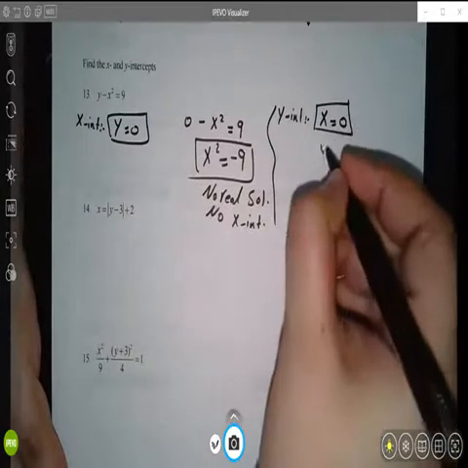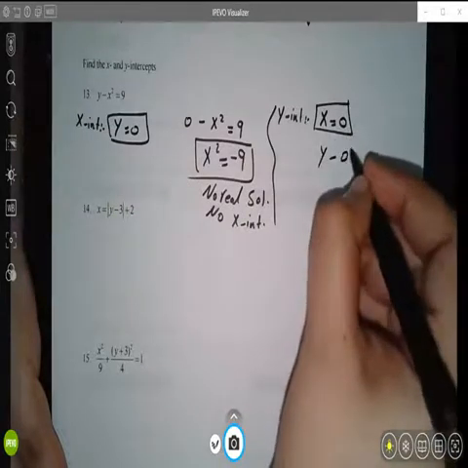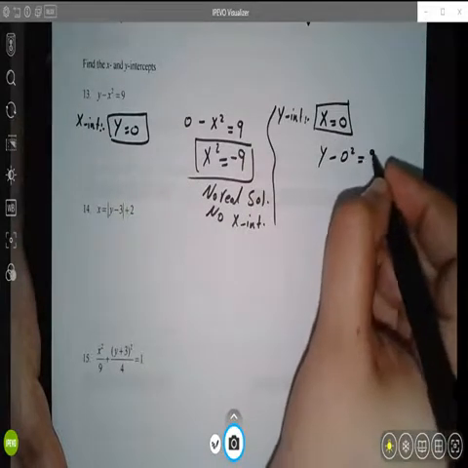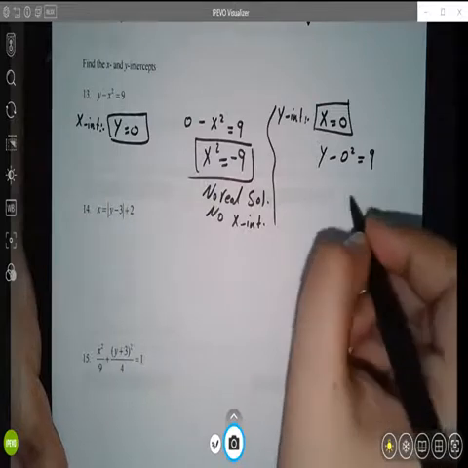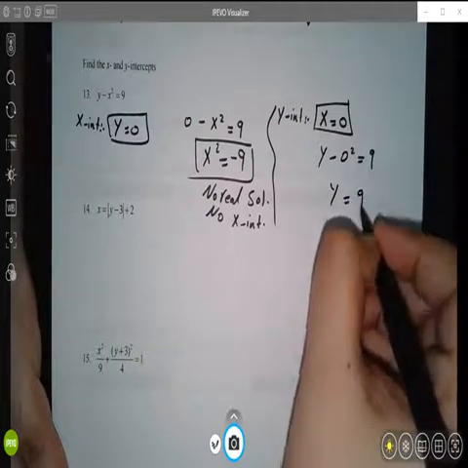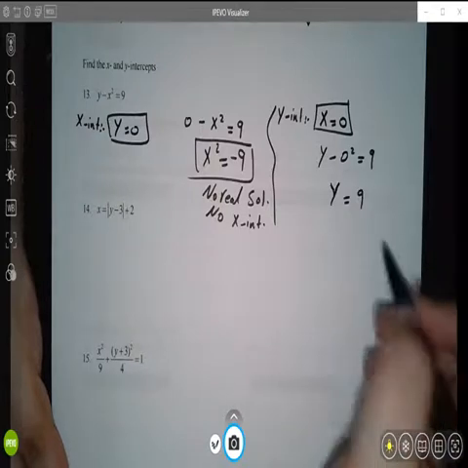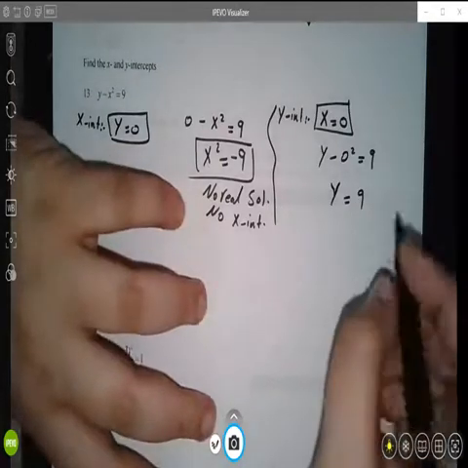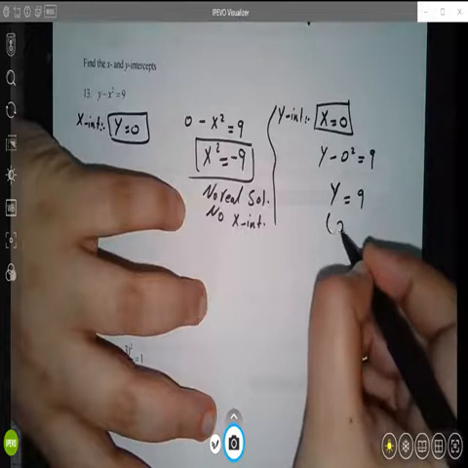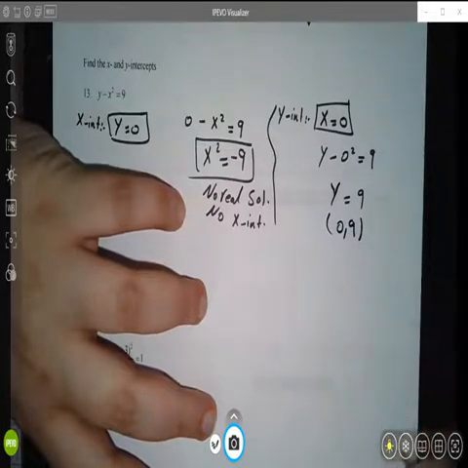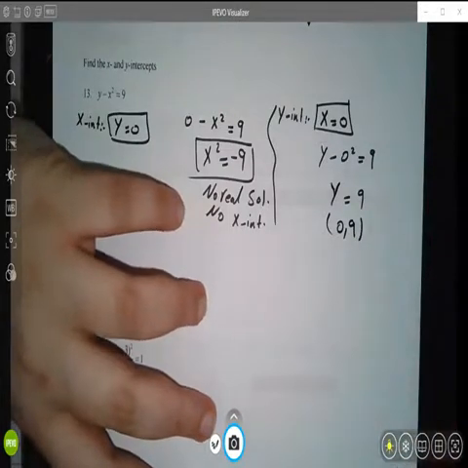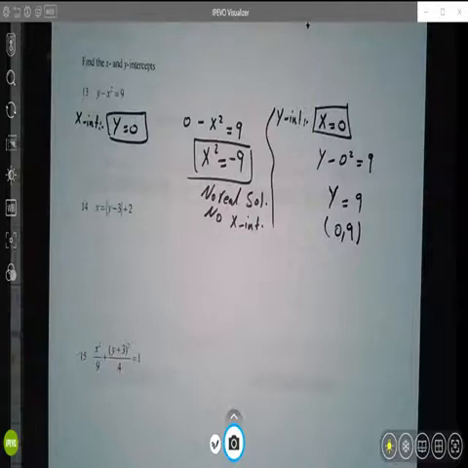So again, same equation, which is y minus 0 squared, which is still 0, and it equals 9, right? Which means y is 9. So we do have a y-intercept for this one. It's 9. But when you give me the final answer, please write it like this. Okay? That's your y-intercept.